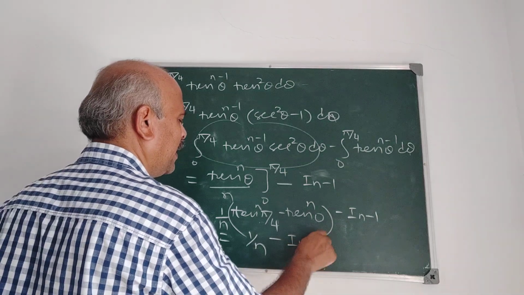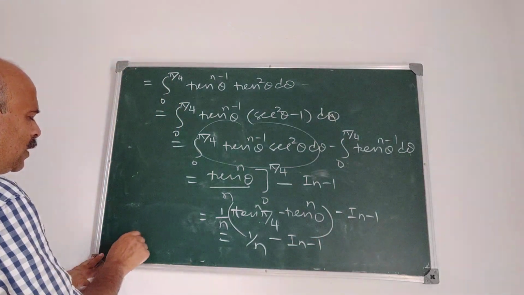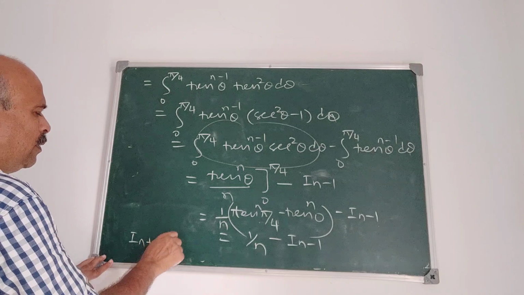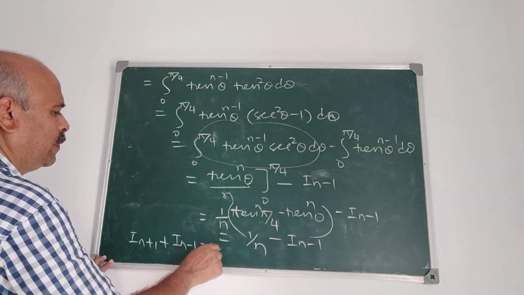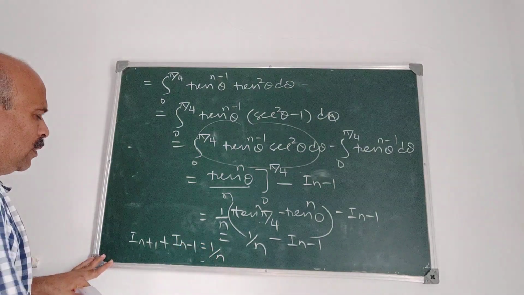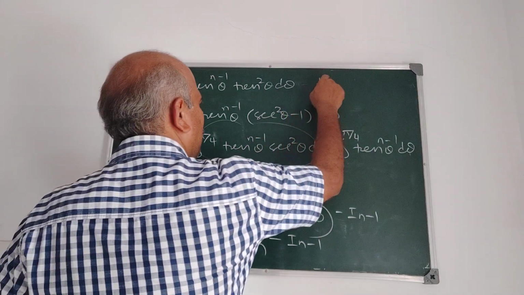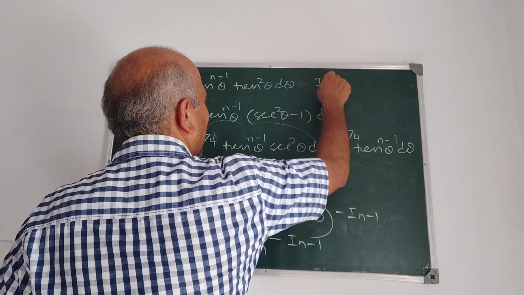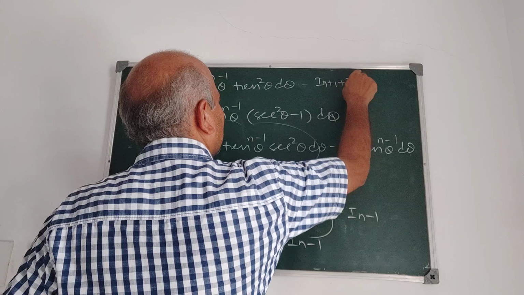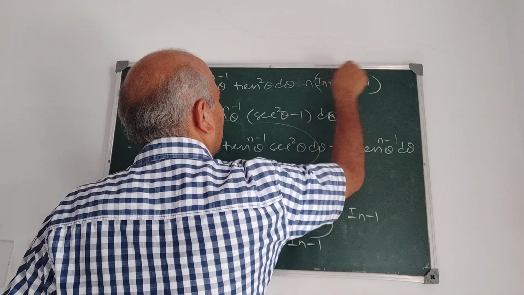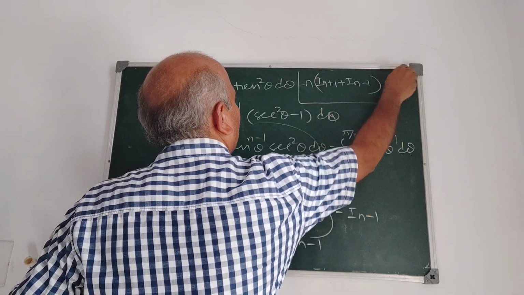Minus In minus 1. Therefore In plus 1 plus In minus 1 is 1 upon n. Or finally, (In plus 1 plus In minus 1) into n is equal to 1.